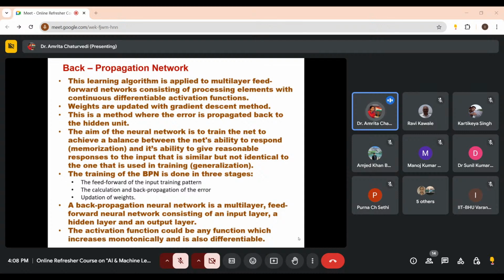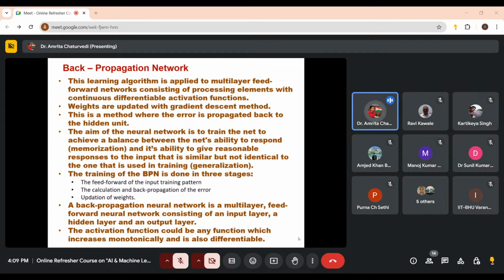In the backpropagation network, the learning algorithm that is applied generally calculates a differential of the activation function, right? So it is very important that the activation function you are using should be monotonically non-decreasing and also differentiable, because it is calculating the differential.